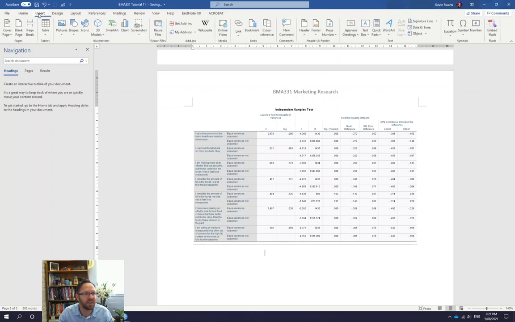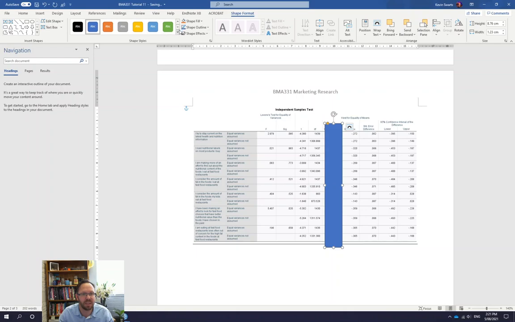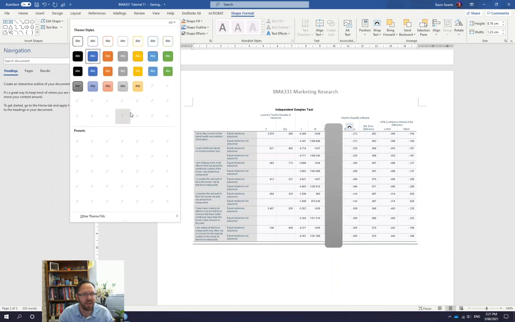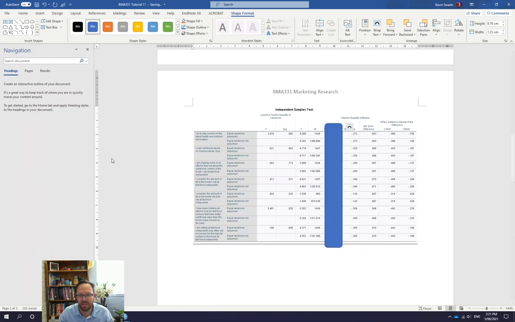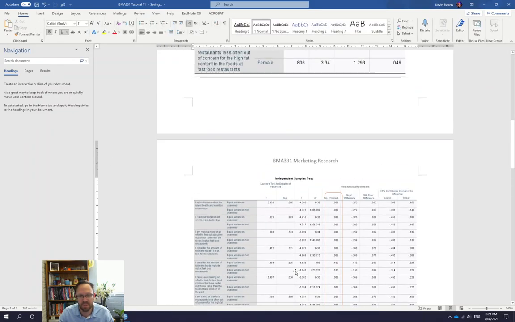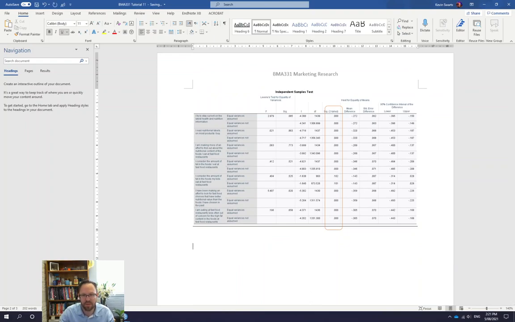So if I go insert, I go shapes, in here, I can just go like that, and I'll change that to something like that. And there we go. So this is my SPSS outputs.